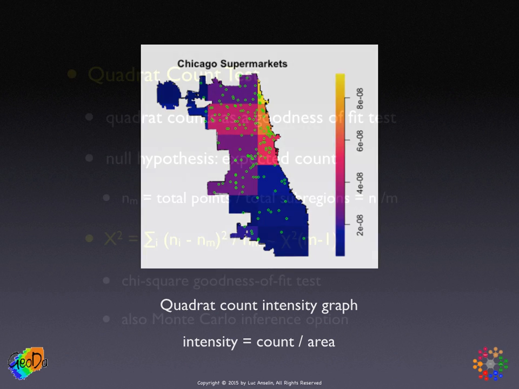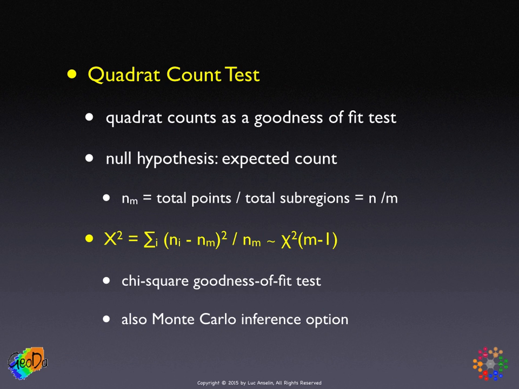So the rationale is the following. If there is a constant intensity throughout the region, then the counts in each of the boxes, especially if the boxes are of equal area as they are in the grid example, these counts can vary a little bit, but not too much.